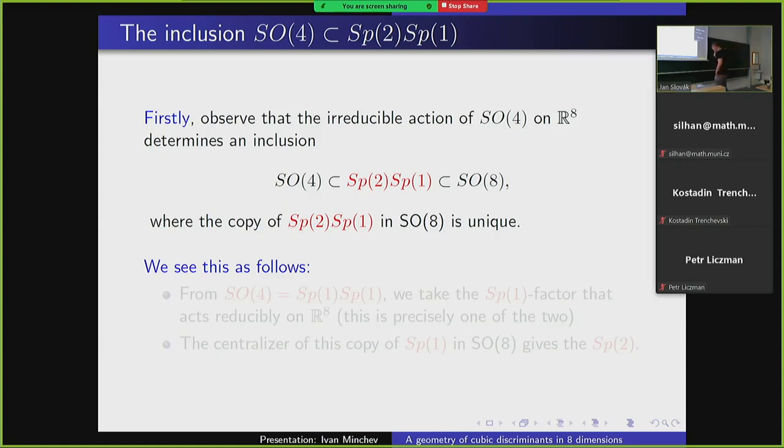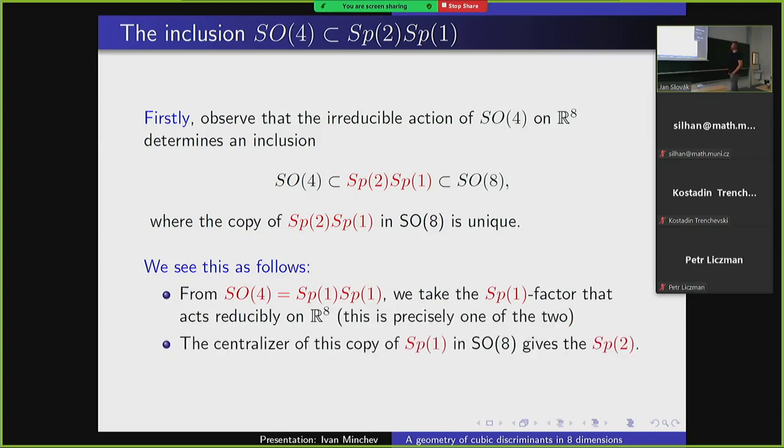We fix the metric and the orientation on R^8, so we have SO(8), and if we take a subgroup of SO(8) which is isomorphic to SO(4) and acts reducibly on R^8, then it's quite a simple observation that you can always find in between these two a copy of Sp(2)·Sp(1). It's a famous group that is related to quaternion-Kähler geometry in dimension 8, and this copy is unique. It's very easy to see why this is so.